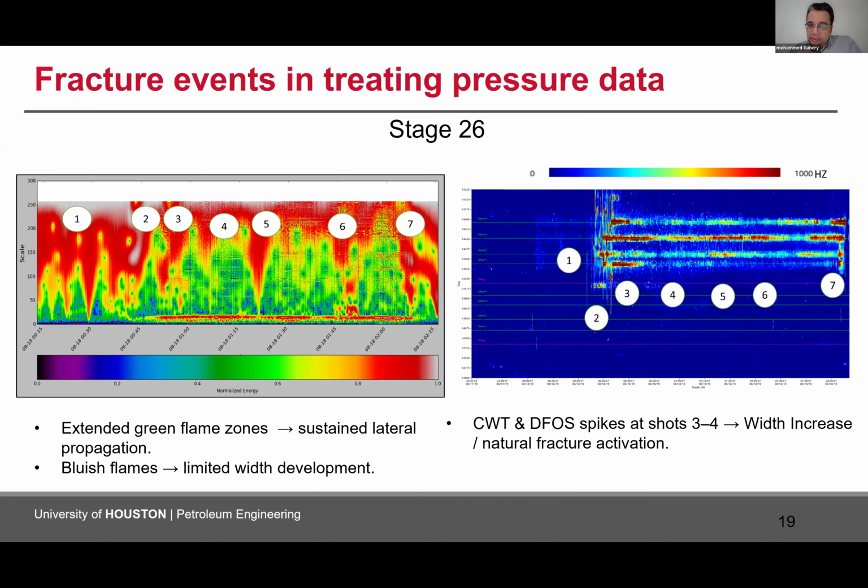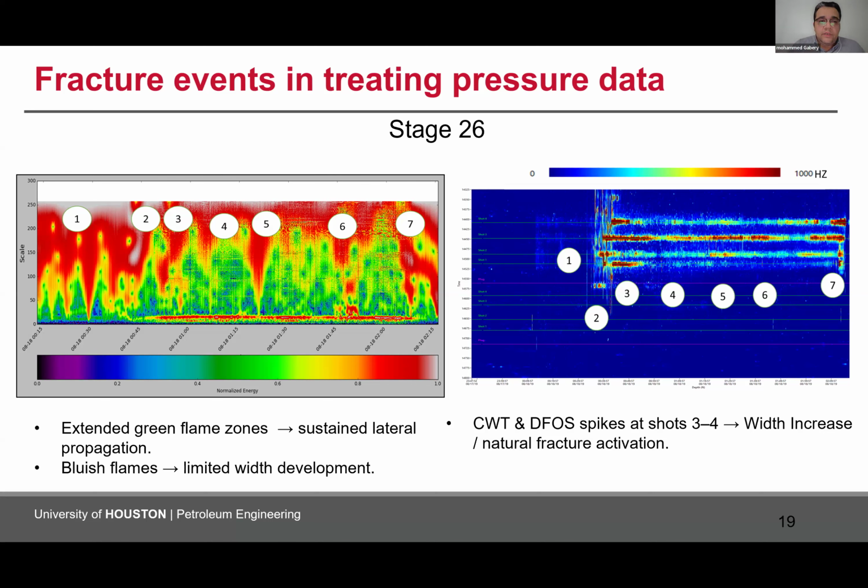That's exactly what the distributed fiber optic sensing acoustic data showed. It's not higher width, higher acoustic, then diminish. No, it's localized in time.